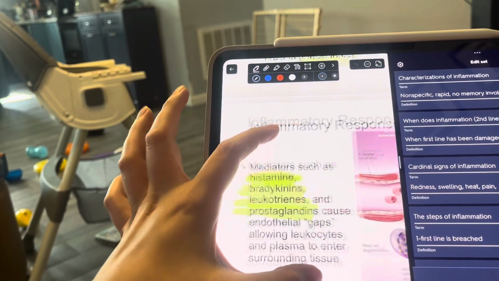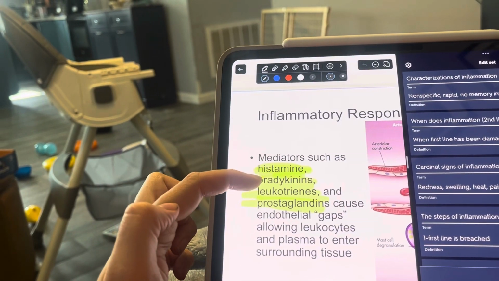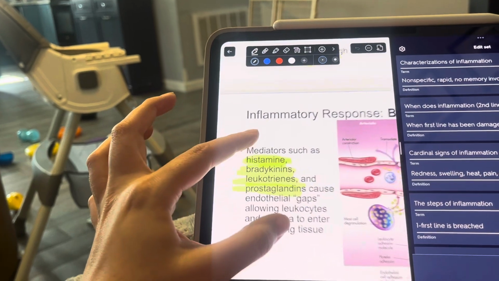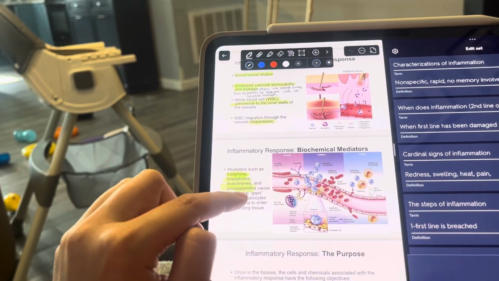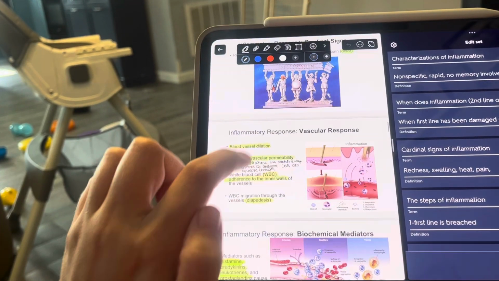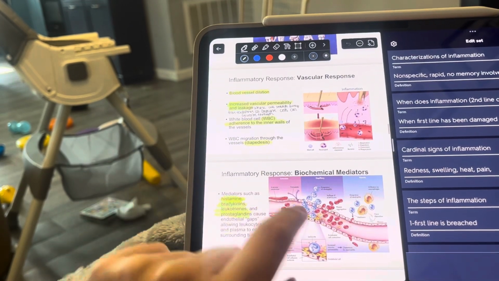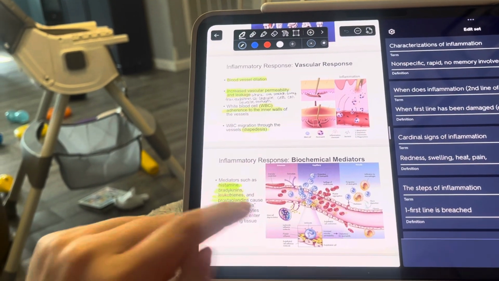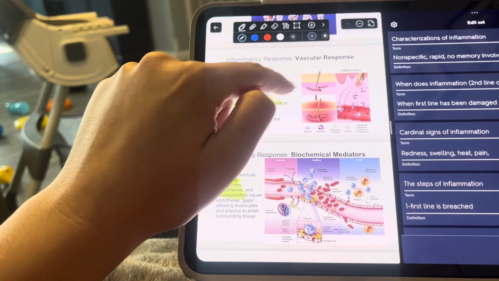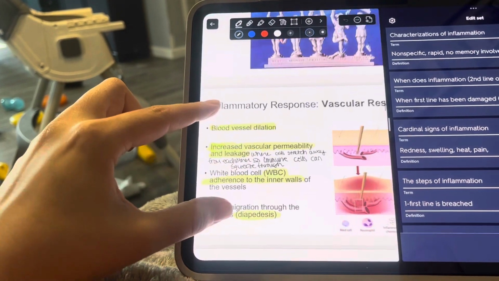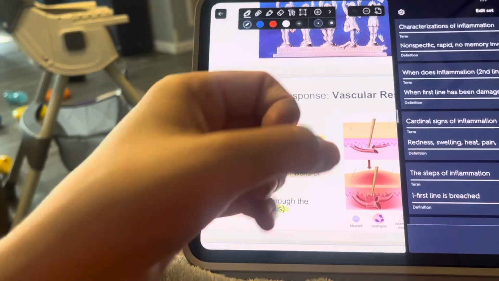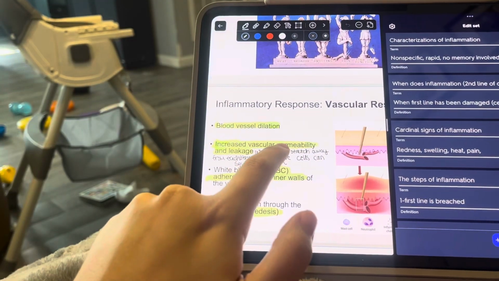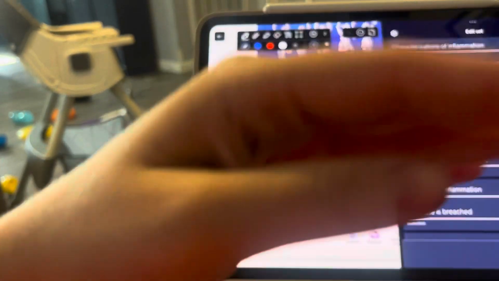And these are histamines, bradykinins, leukotrienes, and prostaglandins. What biochemical mediators, these four things here, do is cause a vascular response. In that vascular response, what we're going to see is our vessels dilate, get closer to the skin, and we get that red. And then we have increased permeability.